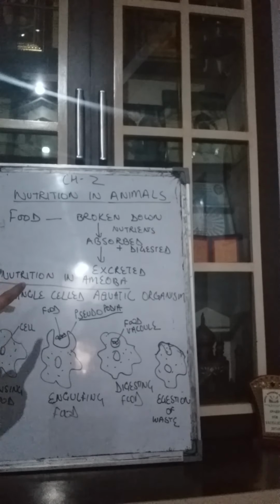Pseudopodia are the finger-like projections of amoeba which it takes out to engulf the food. Okay, it traps the food with the help of pseudopodia, and then the food enters into the body of amoeba along with a drop of water, and it forms a food vacuole.